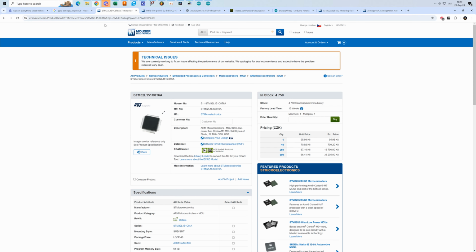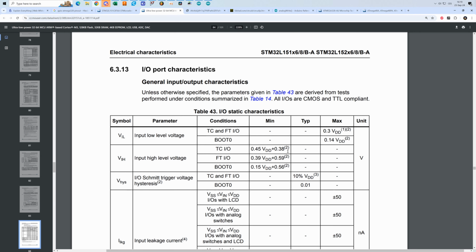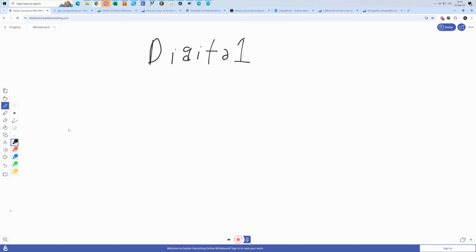This is the STM32L, and we can see here in the datasheet, in the input-output port characteristics, that the input low-level voltage is a maximum of 0.3 times the supply voltage. So let's have an example. They told us it's 0.3 times VDD or VCC, and let's say that VCC is 5 volts, right?